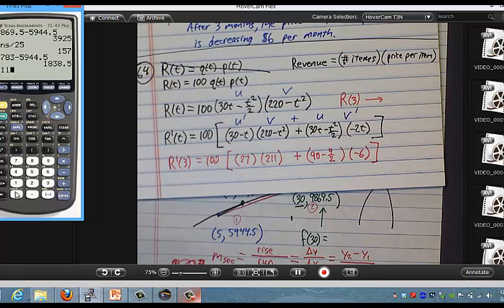So I have 100 times, and then I need a parentheses, and I need to type 27 times 211 plus, and then I'd have 90 minus 4.5, so that's 85.5, times... I mean, at this point, I'm just crunching it. So I'm getting R prime of 3 is 518,400.